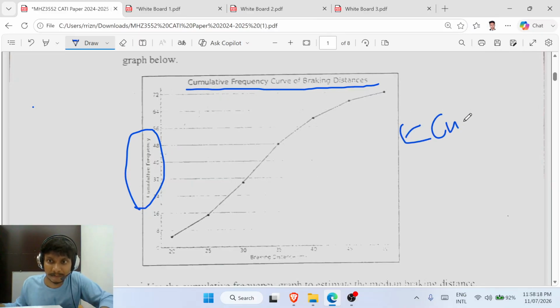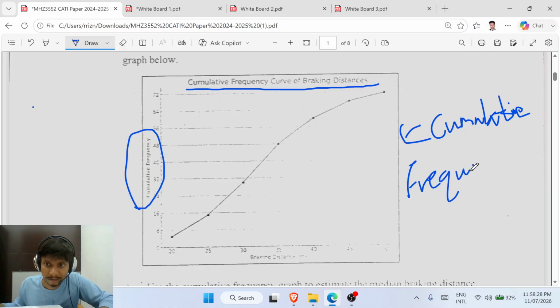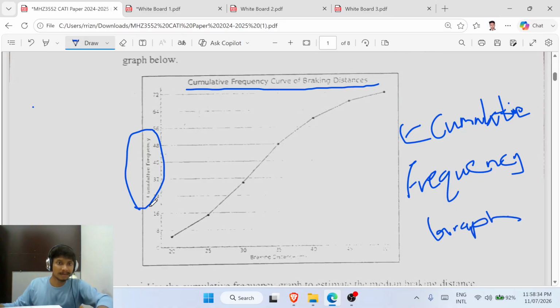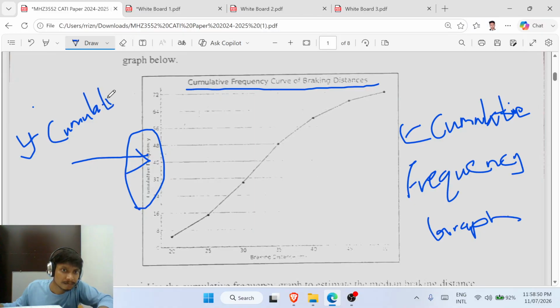The vertical axis, or y-axis, is cumulative frequency.